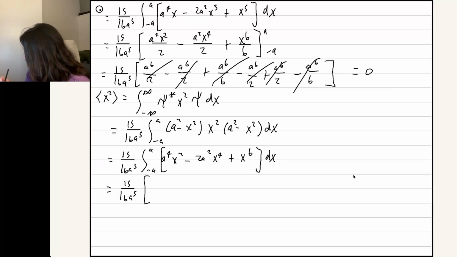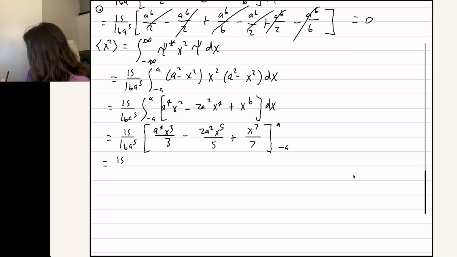Not too bad here. This is going to be a to the fourth x cubed over 3 minus 2a squared x to the fifth over 5 plus x to the 7 over 7, and it's actually going to be a 5 here. That's going to be evaluated from minus a to a.